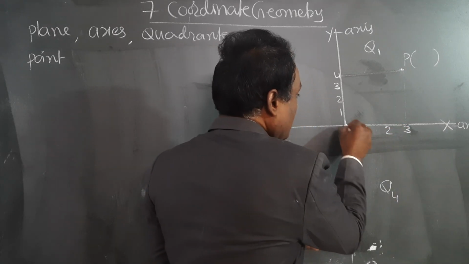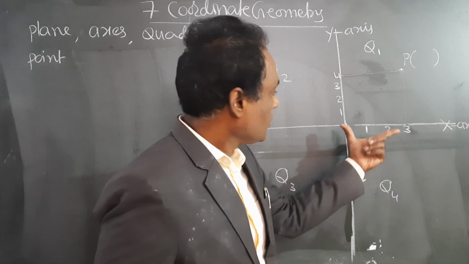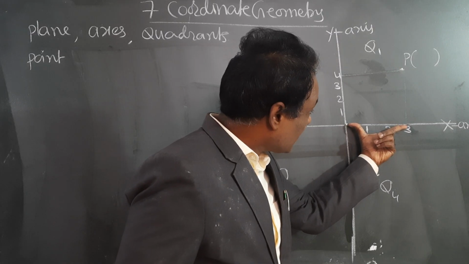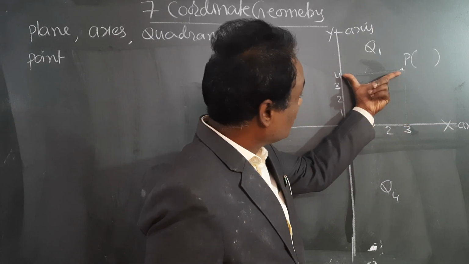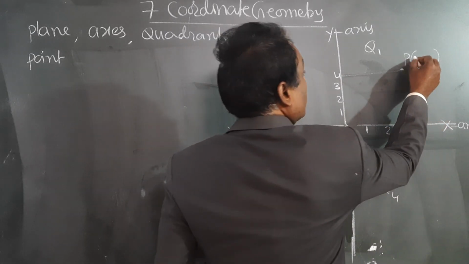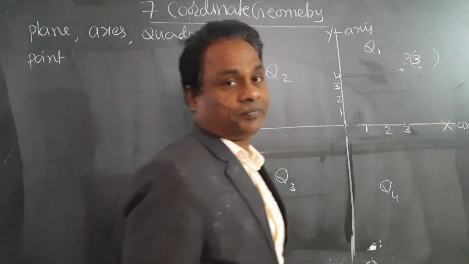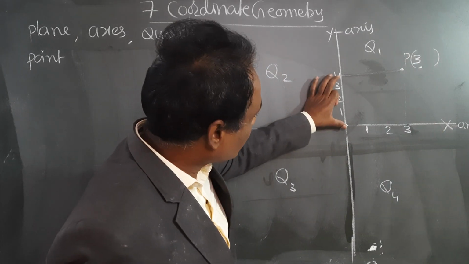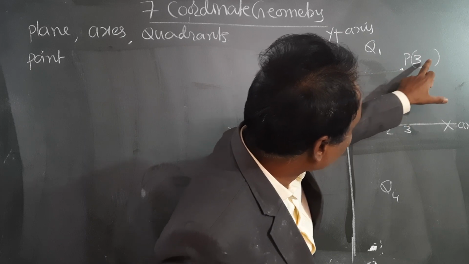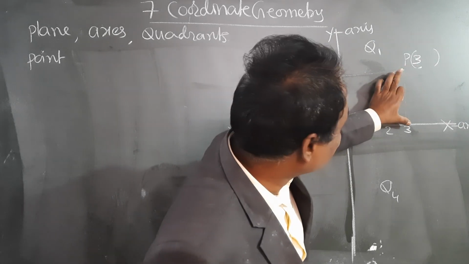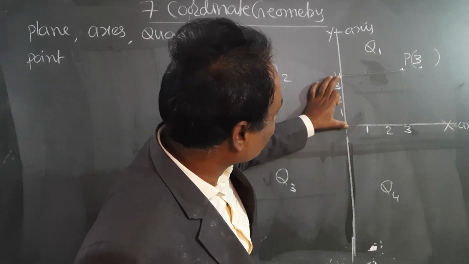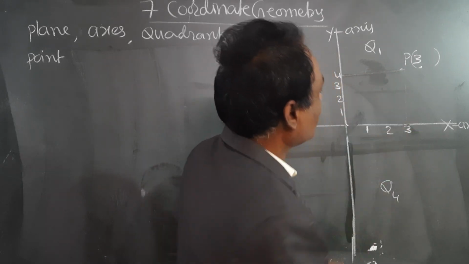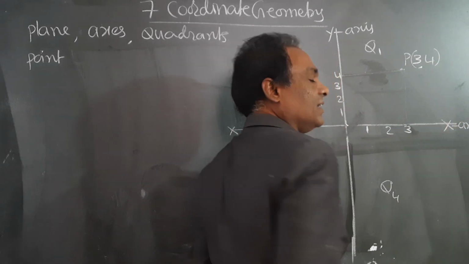This is 0, the starting point, say. So this distance is 3, this distance also 3, then the coordinate of this P will become 3. This distance will be the second coordinate. What is this distance? Same as this distance. So this is 4, this is also 4. 4 will be the second coordinate.